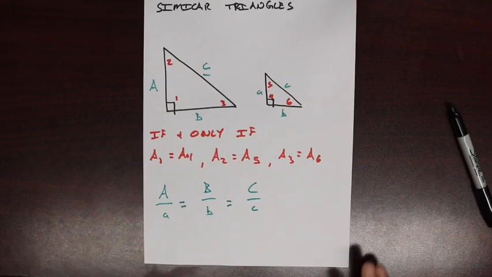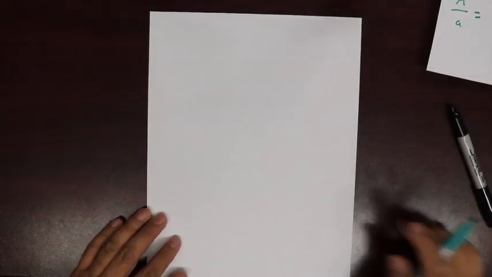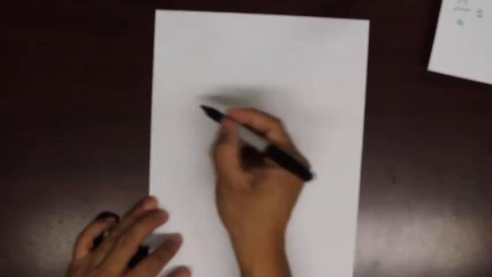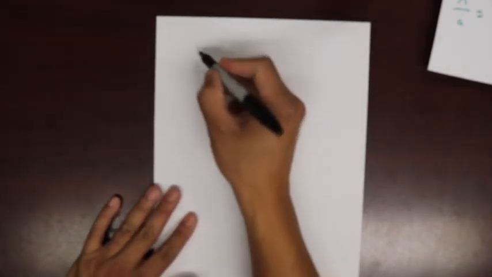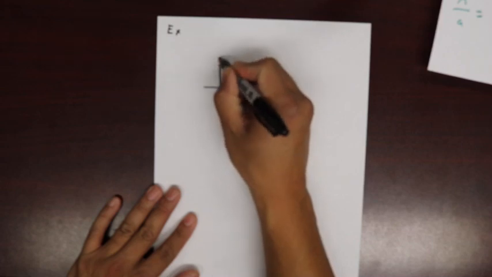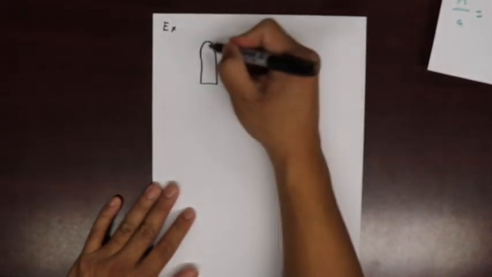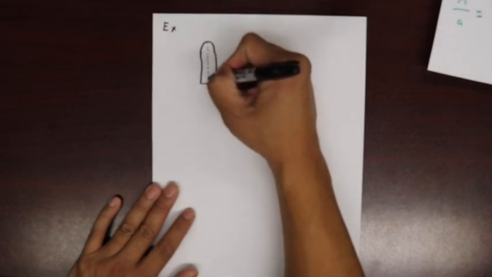Now let's take an example out of the book and apply this. The book says we have a silo structure that has an unknown height.